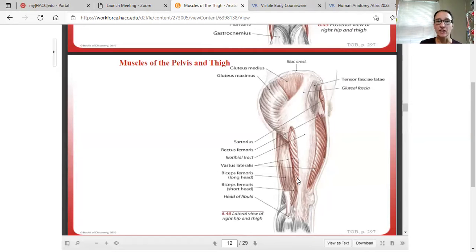It is a large muscle. It is really the only muscle on the side of the leg here, on the lateral side of the leg. Even though it looks like it's split into 2, it is not. It's one solid piece of muscle all the way around that wraps around from the anterior to the posterior femur. It's huge, okay? It's only one muscle on the side of the leg.